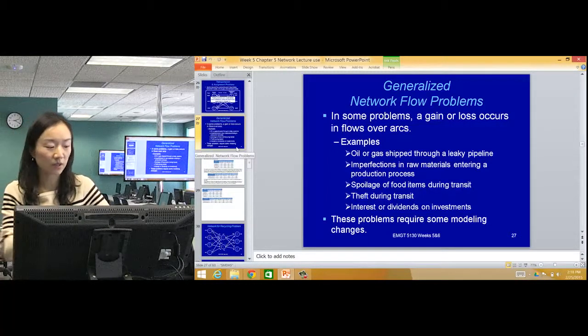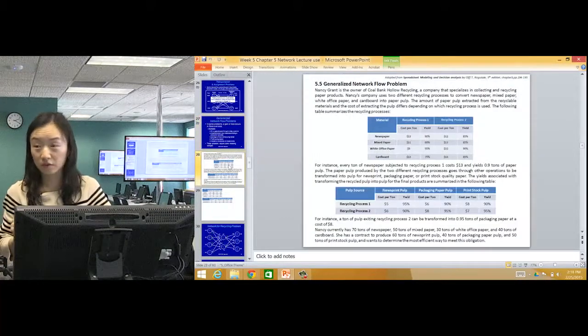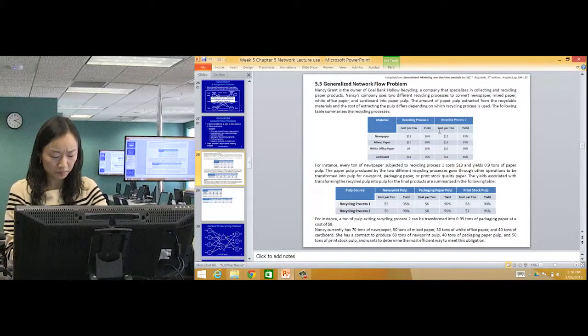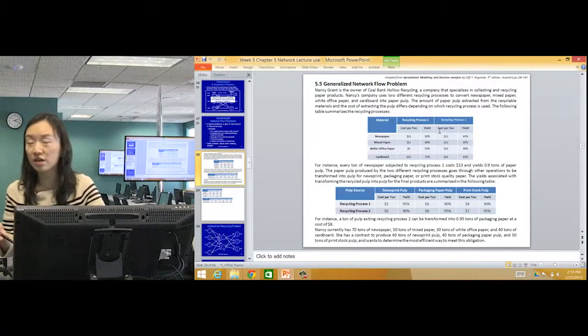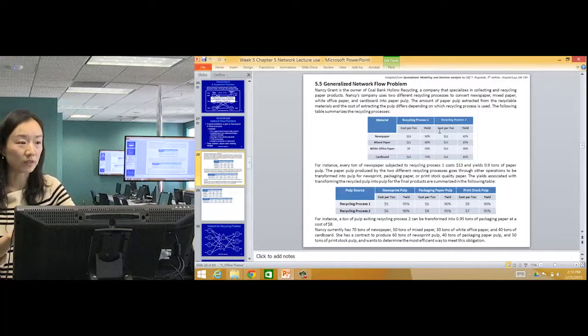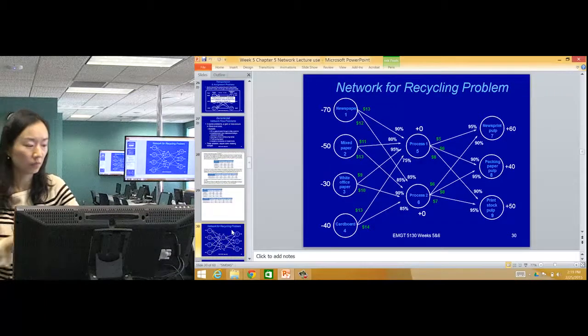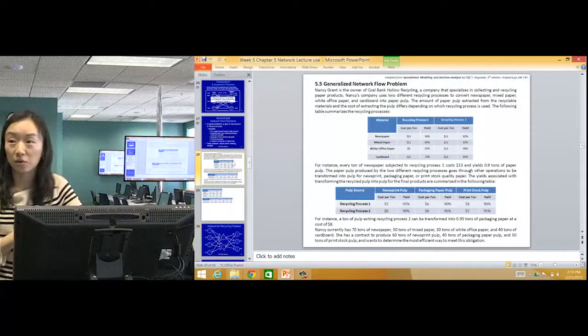In that specific example here, the flow decreased because the yield rate is not 100%. Okay, some loss happened on the arc. And for this problem, there are mainly two challenges. First is how to come up with this network graph from the problem statement.